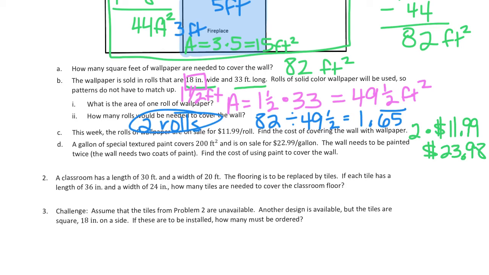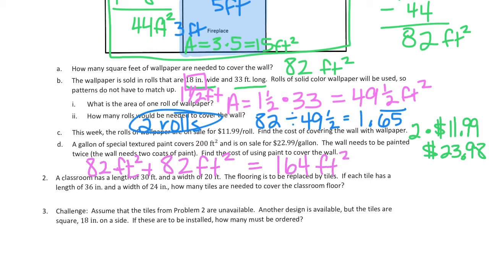So I need 82 square feet first coat plus 82 square feet for the second coat. So I can either multiply it by 2 or add them together, and I get 164 square feet.